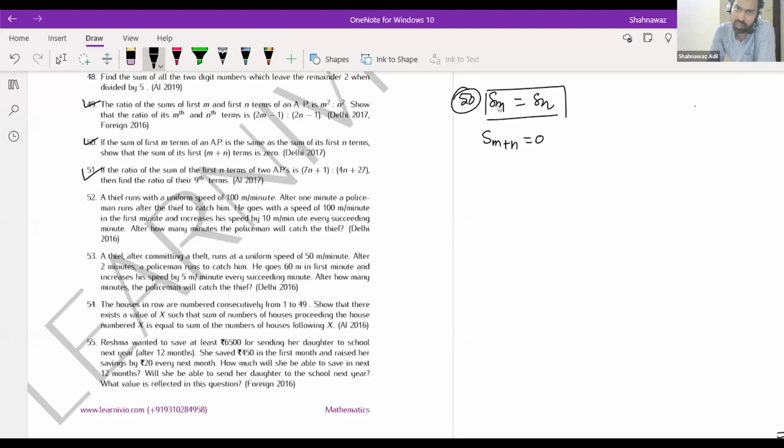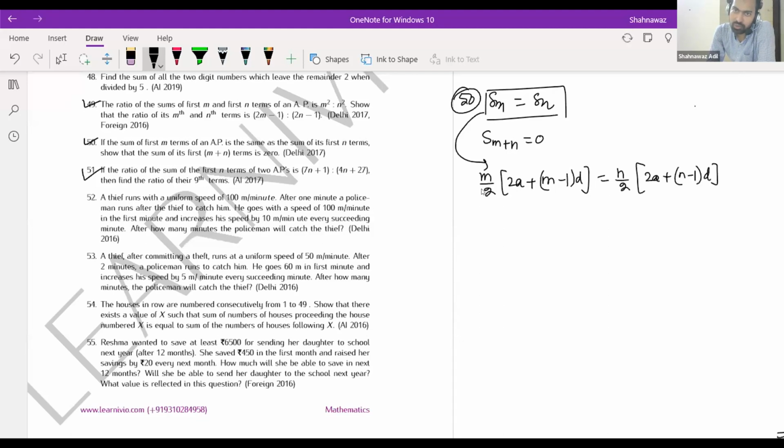So what is Sm? Sm is m by 2 into 2a plus m minus 1 into d, and Sn using this one is n by 2 into 2a plus n minus 1 into d. Right.